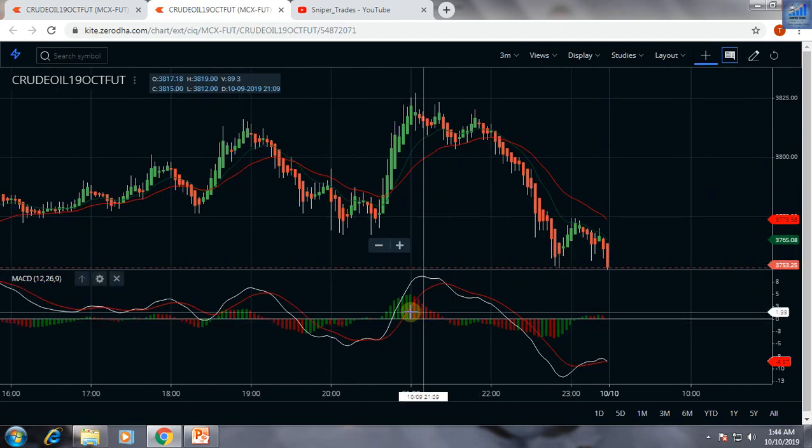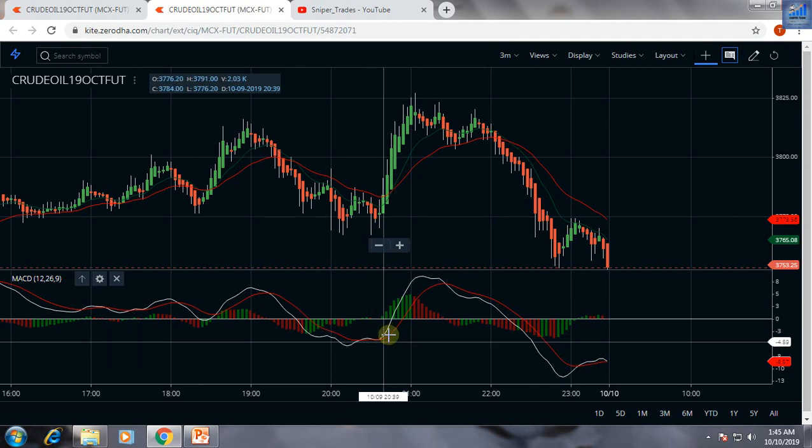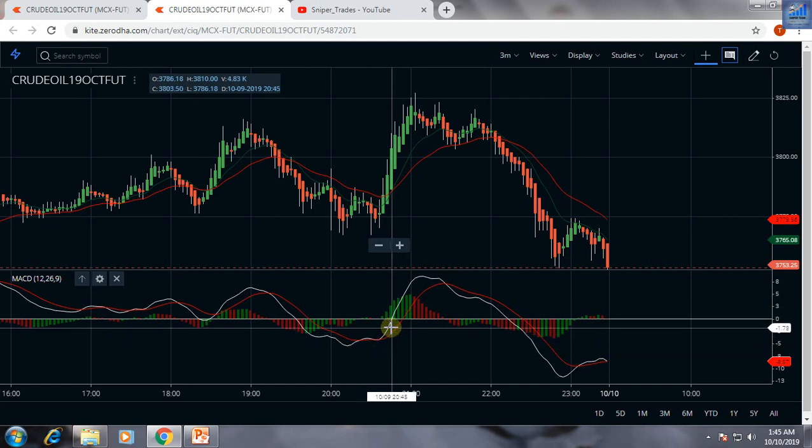And now the histogram part. This histogram is calculated on the basis of a formula: MACD line minus signal line. As the MACD line and signal line separate farther, and we can see that here the crossover has happened, the MACD line is going away and away from the signal line.